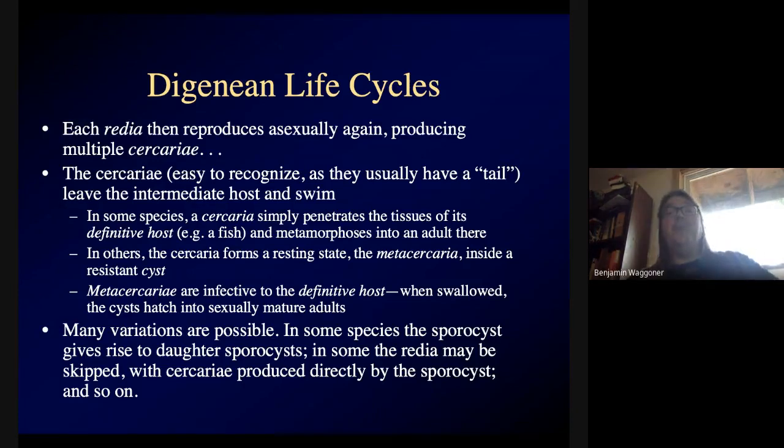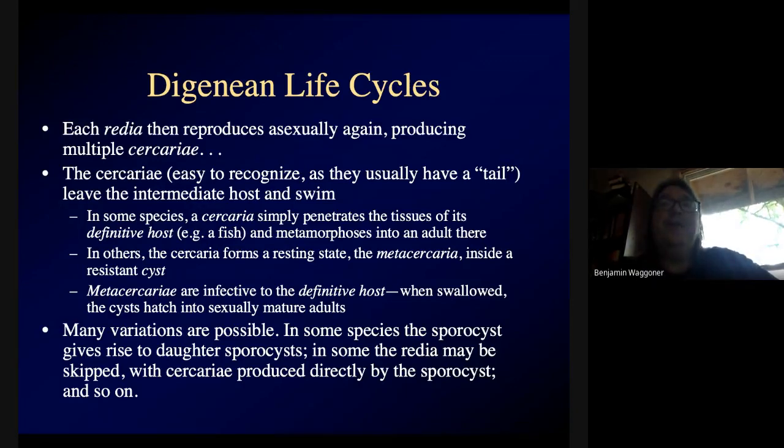In the species I'm going to talk about next, the sheep liver fluke, the metacercaria forms on a blade of grass or other plant, and then the sheep is infected when it eats the grass. In one that I've seen in my parasitology class, the cercaria will leave a snail and burrow into the tissues of a fish and form resting cysts.